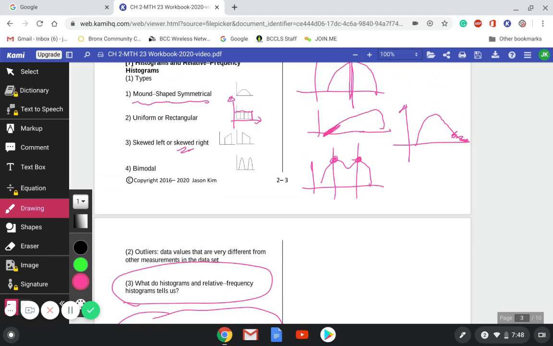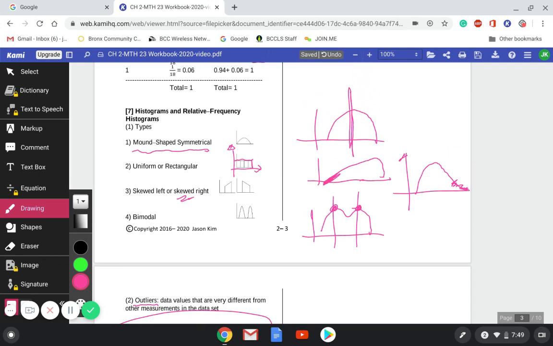I just briefly want to say something about outliers. An outlier is data that is different than normal. So let's say you have data like this, but one of the data is somewhere like here.